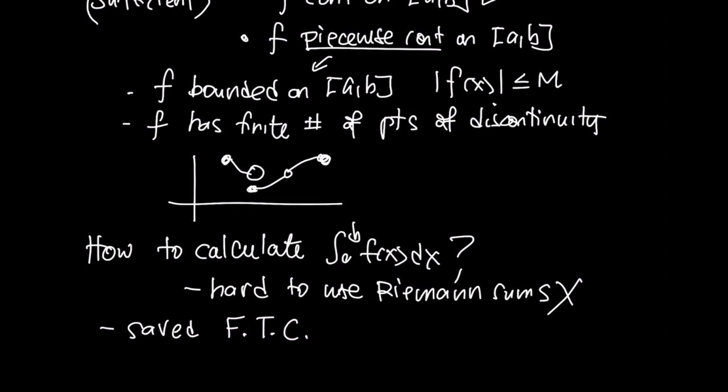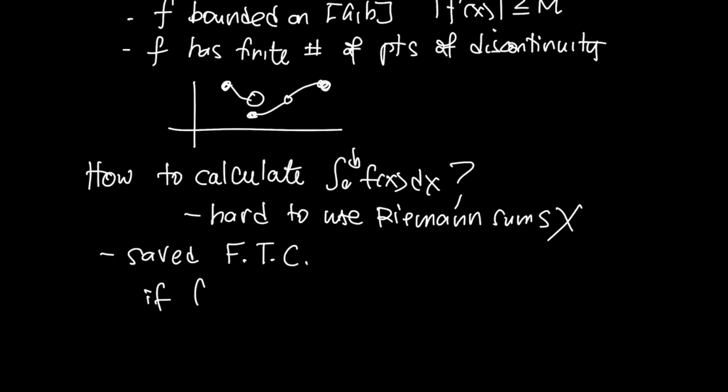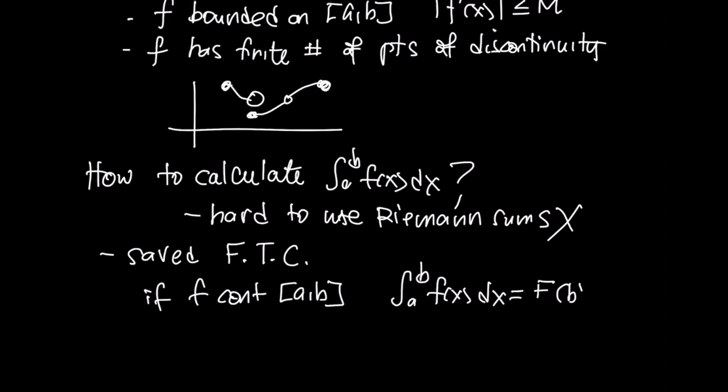Now, the fundamental theorem of calculus says if your function f is continuous on this interval AB, then the value of this definite integral can be very simply computed by taking the difference in the antiderivative of the function. So the antiderivative is a new function that's related to your original function in this way.